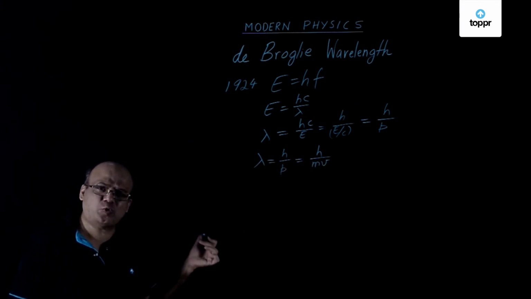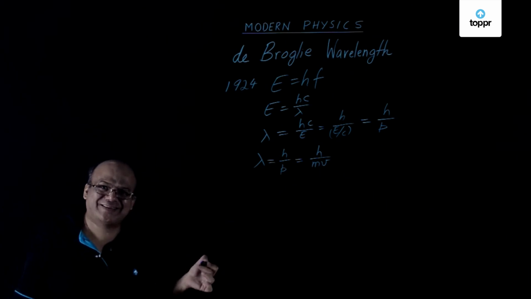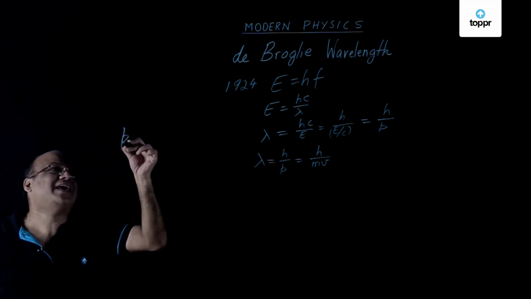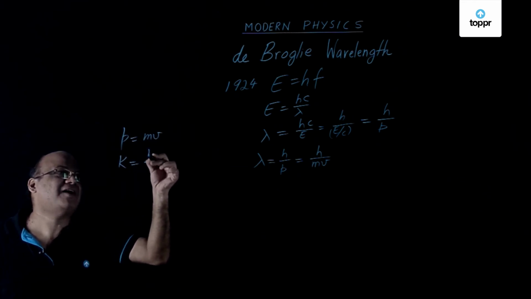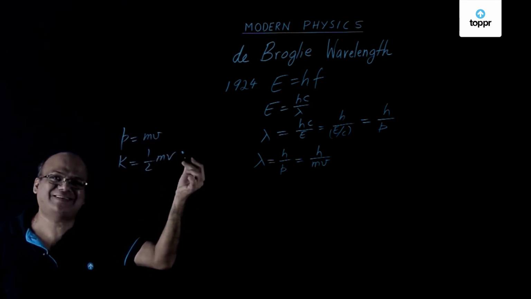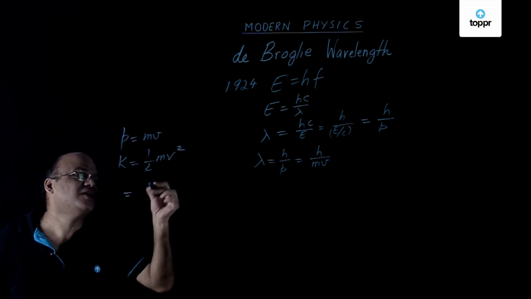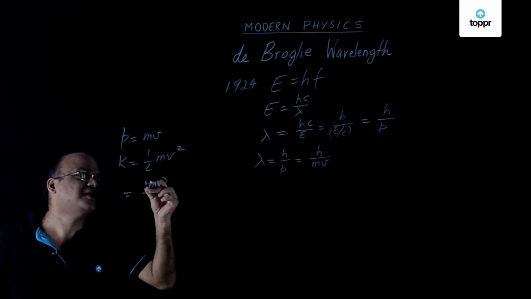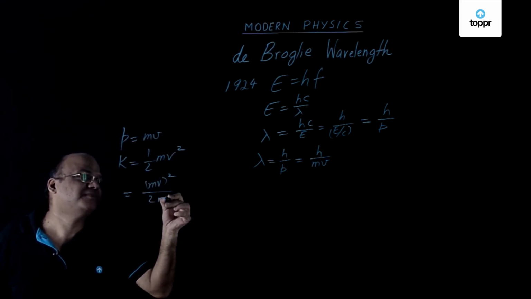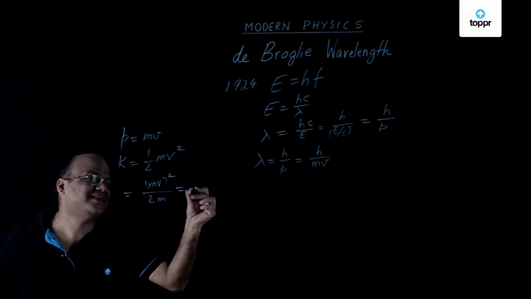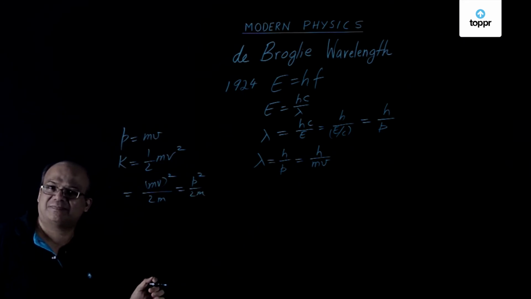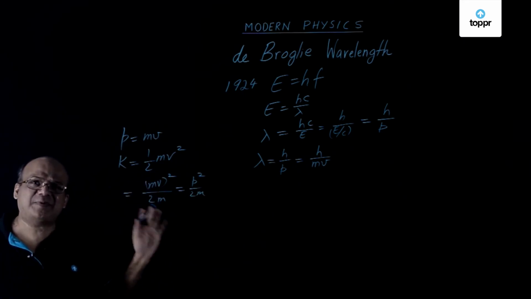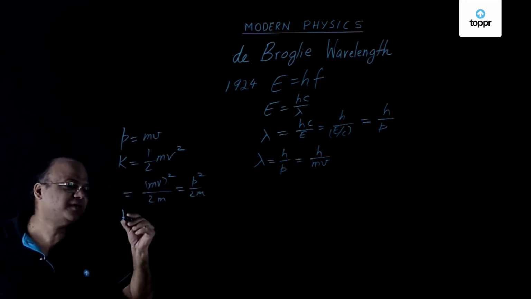Momentum is also root 2Km. You know that? p is mv. What is kinetic energy? Half mv square. So mv whole square by 2m. What is mv? p. So kinetic energy becomes p square by 2m. If kinetic energy is p square by 2m, what is p?